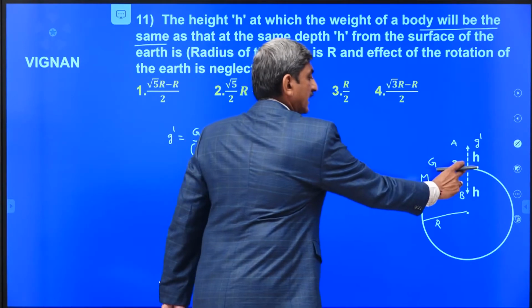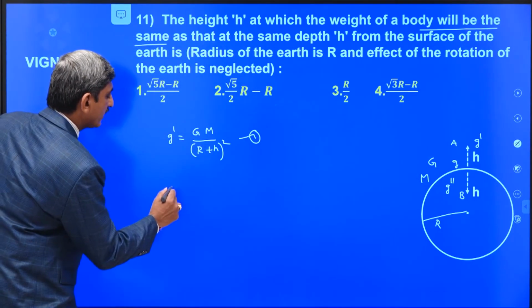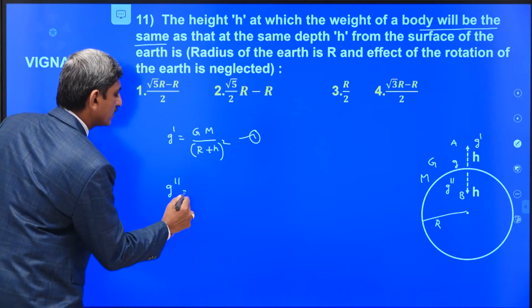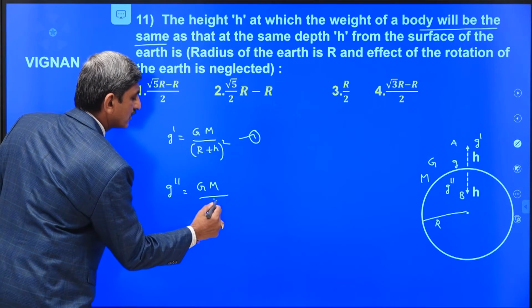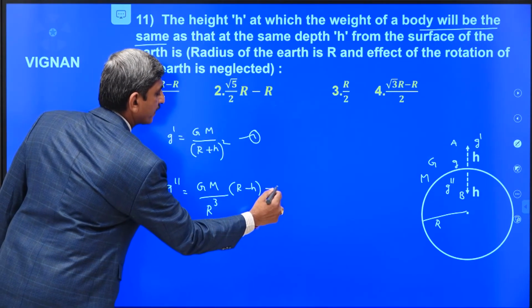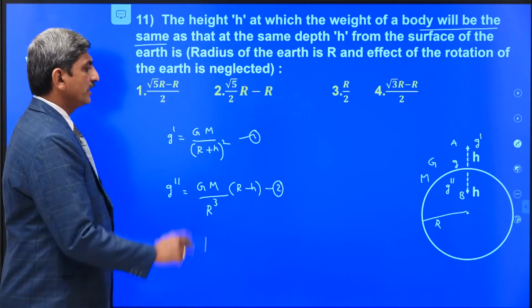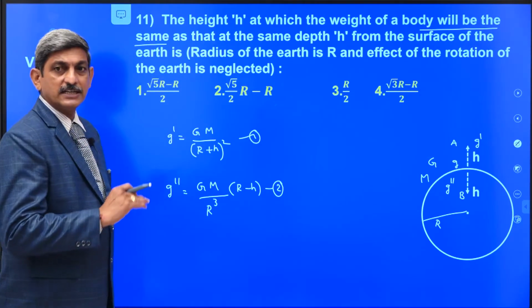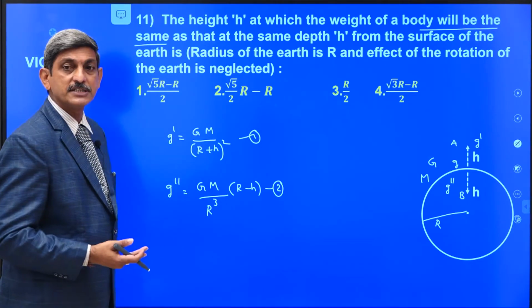Similarly, at a depth h from the surface, the acceleration due to gravity is given by g double dash is equal to GM by r cube into (r minus h). Let it be equation number 2. Now, in this problem, it is given that at a height h and at a depth h, the acceleration due to gravity is the same.